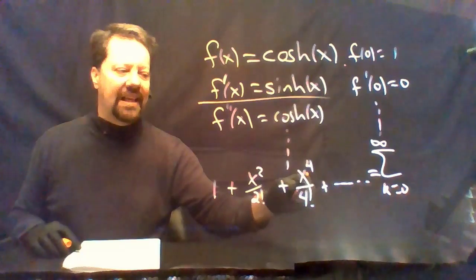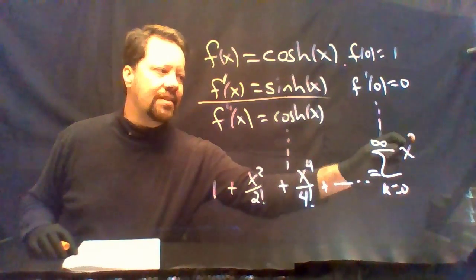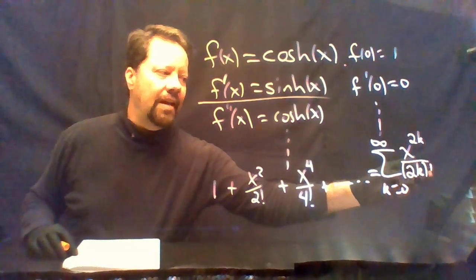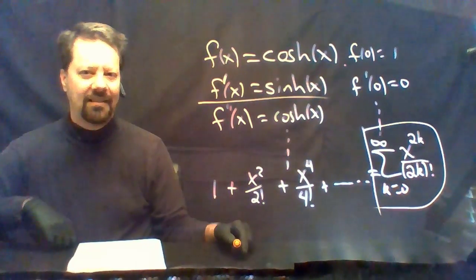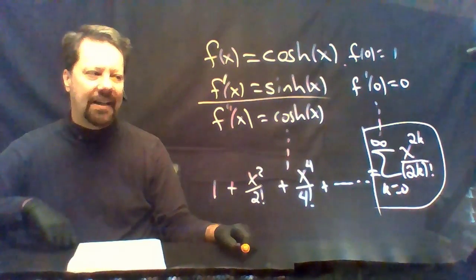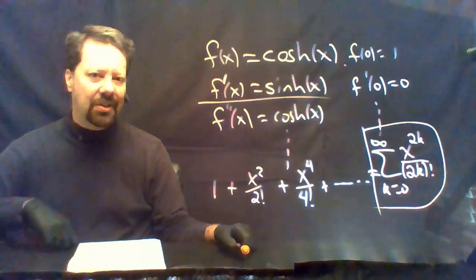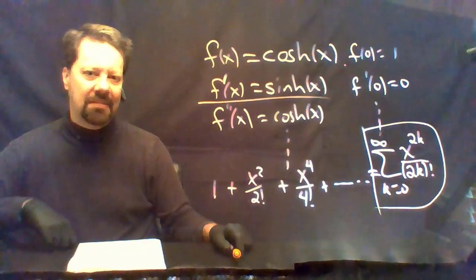We'll have only even powers, and we do not alternate signs, so it's going to be x to the 2k divided by (2k) factorial. You should notice that this is almost the same as the power series for the cosine function, the only difference being that the cosine function has alternating signs, -1 to the power k.